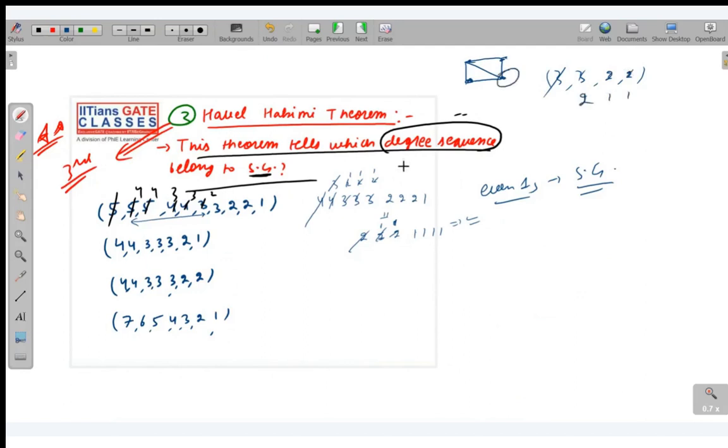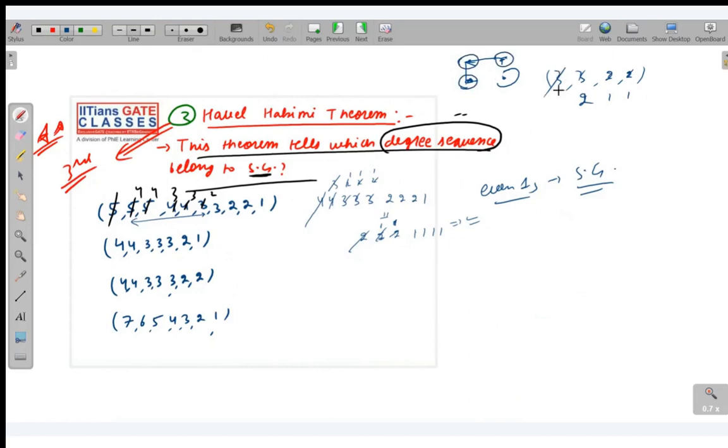The moment you delete this vertex, you will delete this edge, this edge, and this edge. So what you are having finally is a vertex with degree 2, a vertex with degree 1, and a vertex with degree 1. This is what the Havel-Hakimi theorem is saying. So you delete the vertex which has the maximum degree, after cutting it.